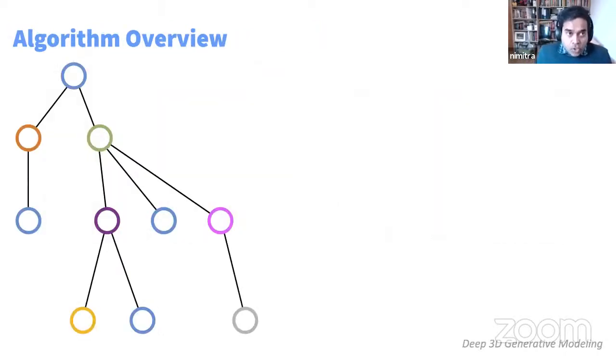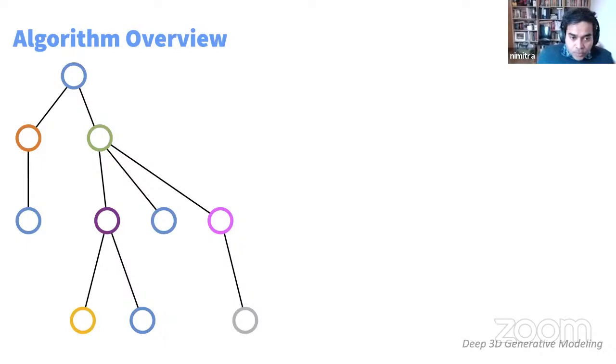Okay, so our setup is we are given a graph, and it's not a binary graph, as you see. It can have 2 children, 3 children, n children, or k children in general. The goal is we want to encode this into a latent space.